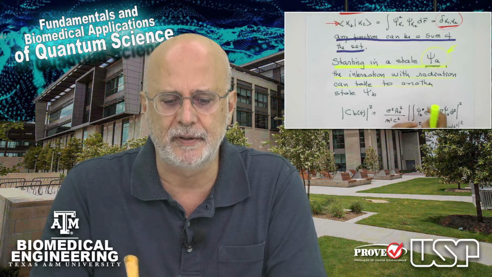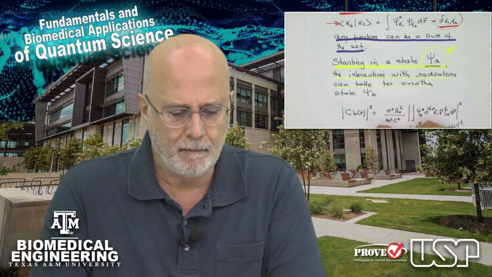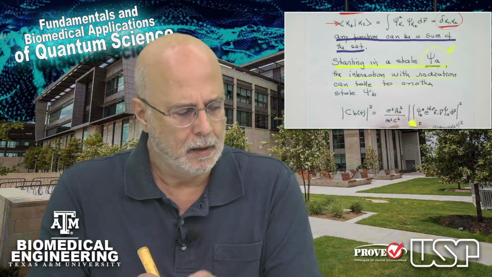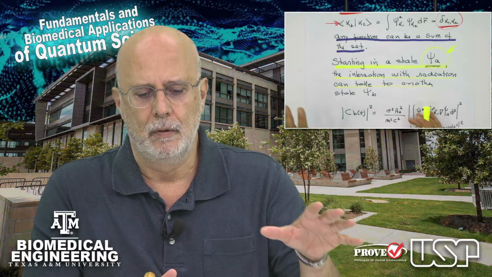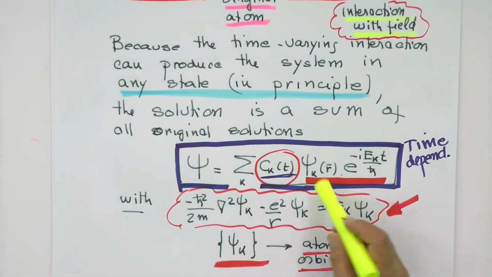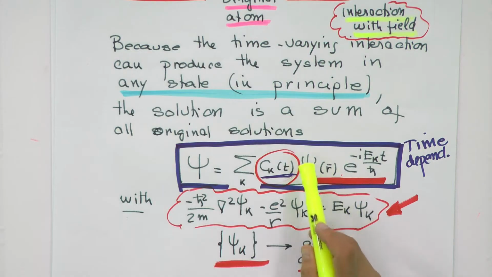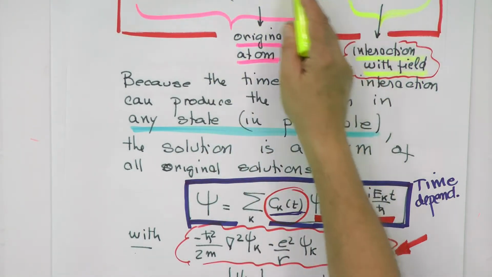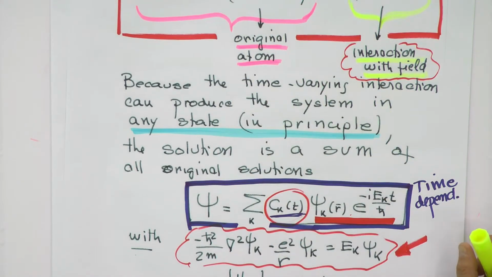Normally what we do is the following. We take the equation, we put in the solution, and the solution means that the interaction can take the system to any possible solution of the original system.